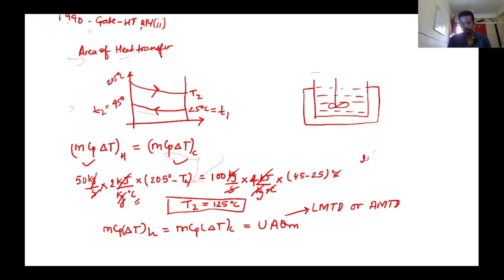If theta 1 is equal to theta 2, then we will use AMTD. If theta 1 and theta 2 are different, then we will use LMTD. So heat lost by the hot fluid is equal to heat gained by the cold fluid, which is equal to the total heat transfer from hot fluid to cold fluid over this area.